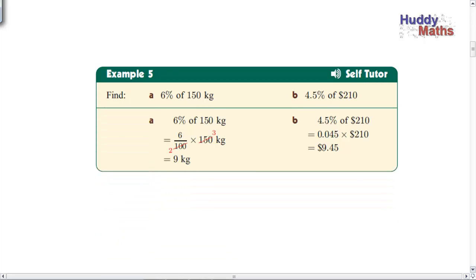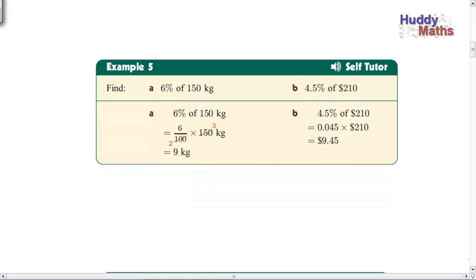And here's an example from Hayes and Harris Publications. 6% of 150 kilograms. 6 out of 100, 6 over 100 times 150. The answer would be 9. We can do some cancelling here by 50s. 50 into 100 goes twice, and so on. 4.5% of $210.